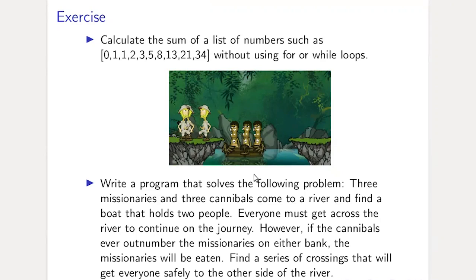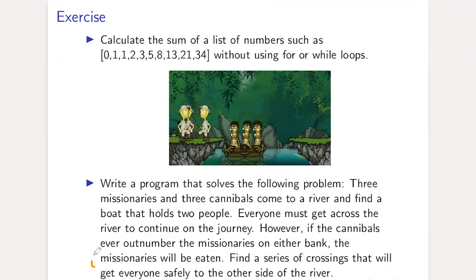So as I discussed earlier, when you get a problem, you will get some rules also. So here's the rule: if the cannibals outnumber the missionaries on either bank, then there will be a problem.